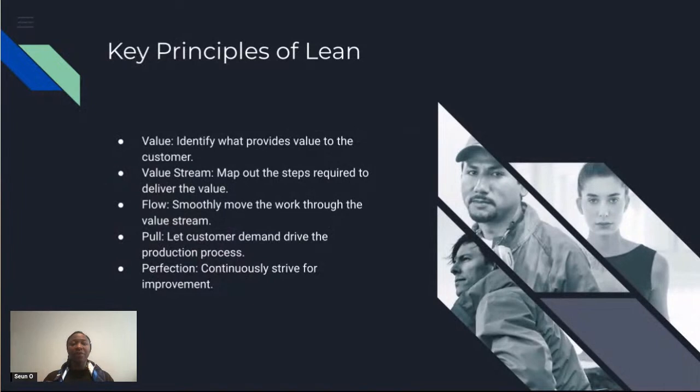Now, there are some key principles of Lean, right? Where there's value, value stream, flow, pull, and perfection. So value is to identify what provides value to the customers.